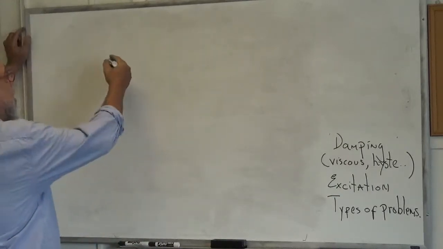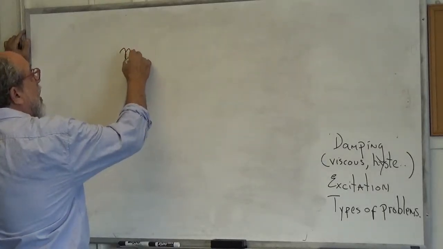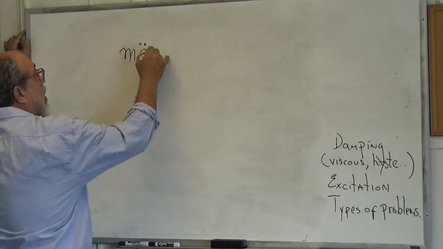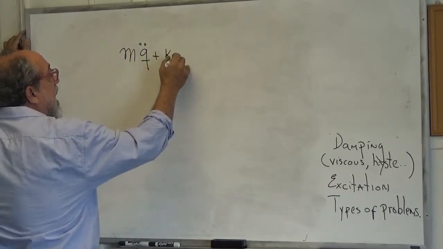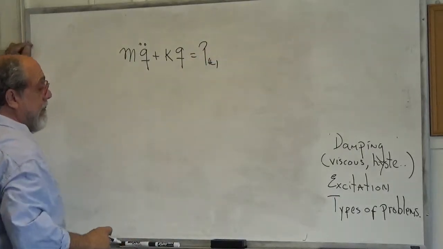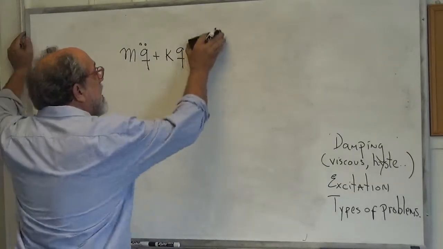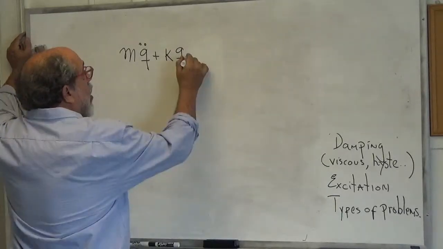If we look at a single degree of freedom, again, if we put m q double dot plus k q equal to p(t), actually we don't even need p(t). Let's just say no load.